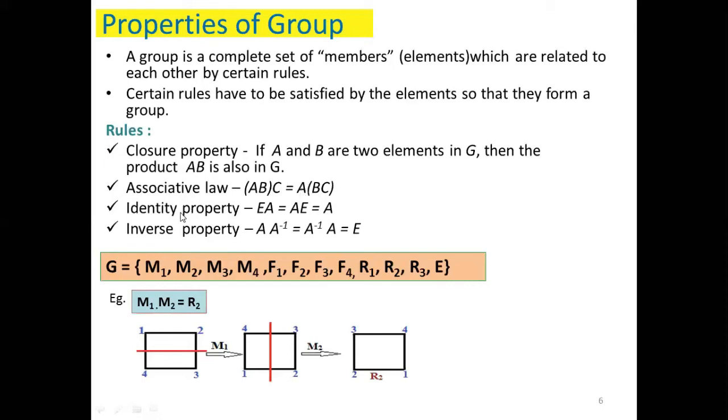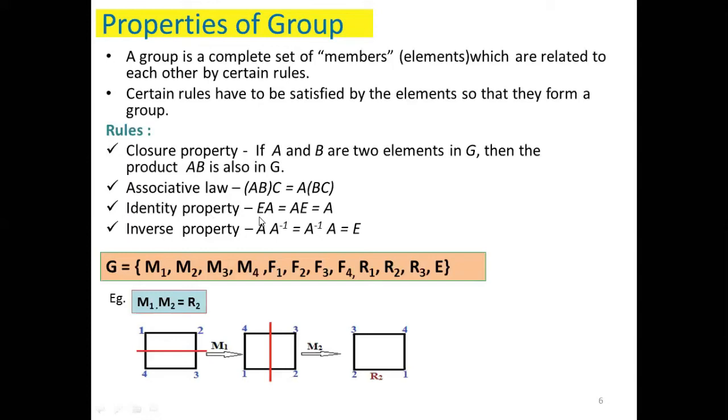And next is the identity property. So what is the identity property? Any element of a group, when it is multiplied by the identity and any other element, will result back in the same element. So the identity element is the one which doesn't show any change in the operation.